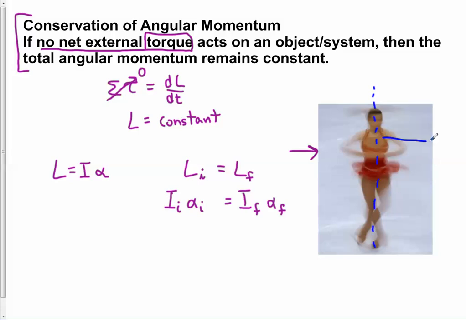When their arm is all the way out here, then that's a bigger R. That's further away. So some of their mass is further away, and if you remember, I is based on an mr squared kind of formula. So when your mass is further away, you're going to have a bigger I. So this was bigger.